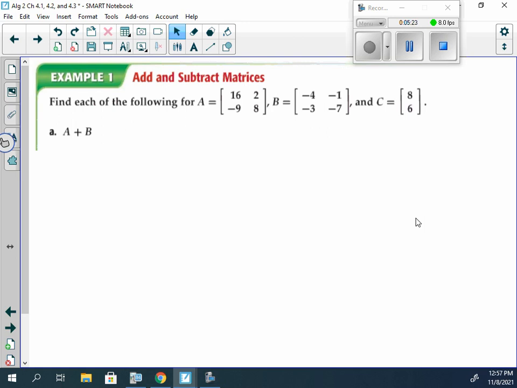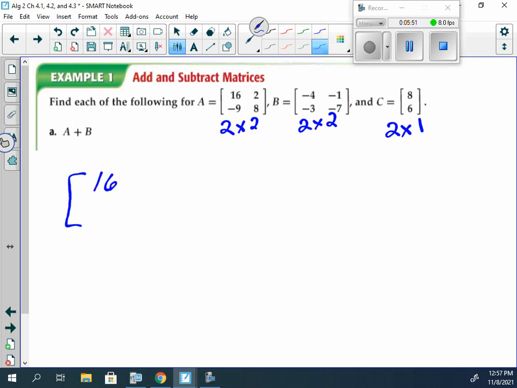The main way that we can add two matrices together or subtract them is if their dimensions are the exact same. So here we have a 2 by 2, and here we have a 2 by 2, and C is a 2 by 1. Now for this first one here, it asked us to add matrix A and matrix B. Can we add the two together? Yes, because they're both 2 by 2.